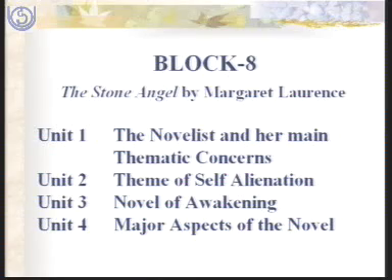Now, Unit 3 of this block is entitled Novel of Awakening. We've spoken about the survival of personality which eventually Hagar is able to achieve. We've spoken about her transition from a state of ignorance to a state of awareness. We've spoken about her evolution.